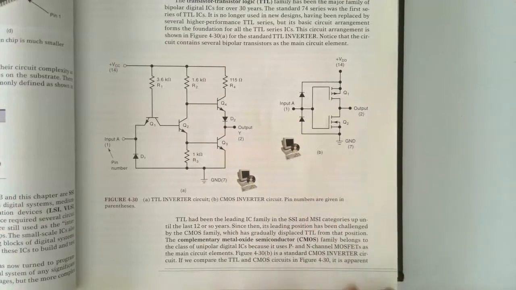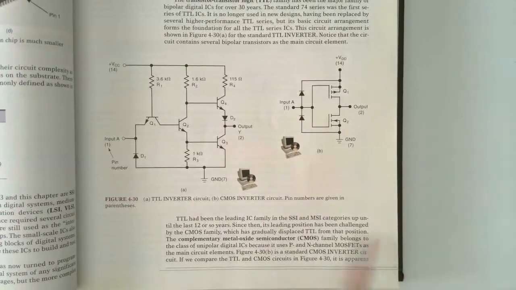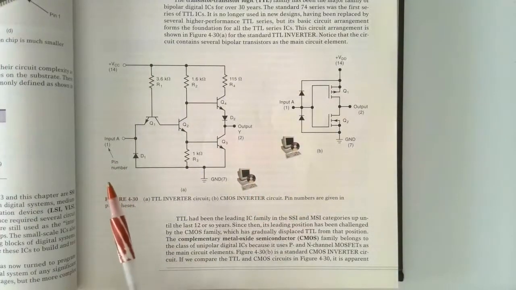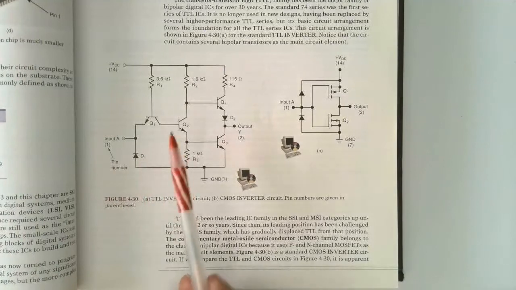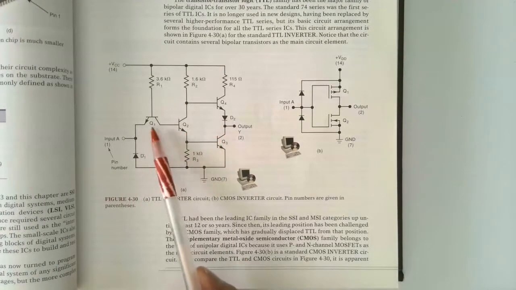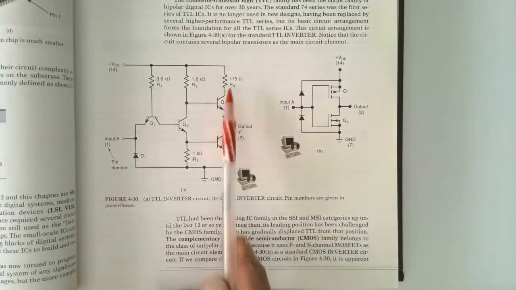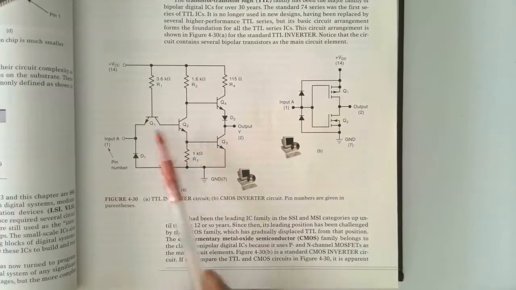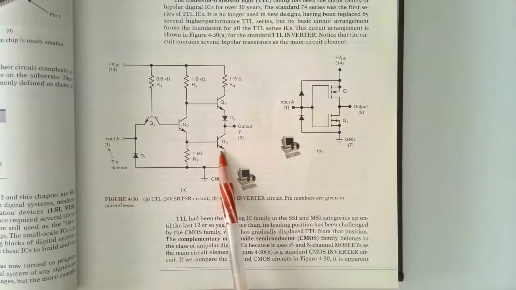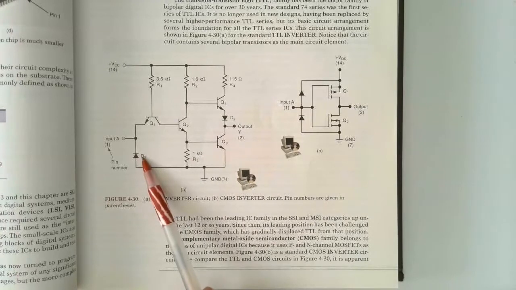Right away you notice some pretty substantial differences. Which looks more complicated? If we simply count the components, on the TTL device we have 1, 2, 3, 4 resistors, 1, 2, 3, 4 transistors, and 2 diodes.